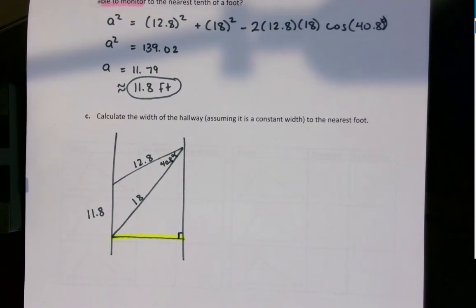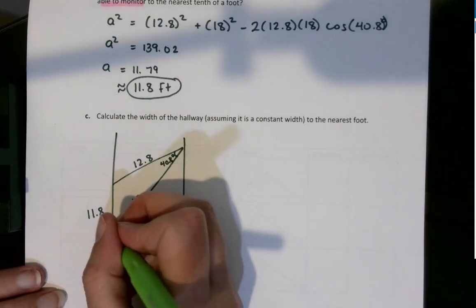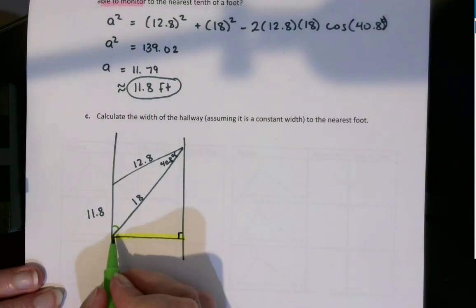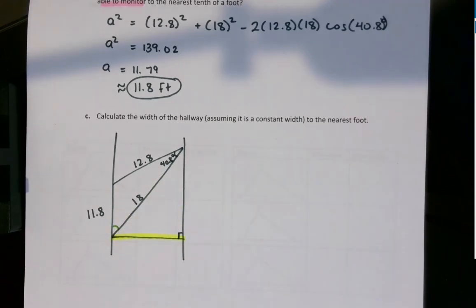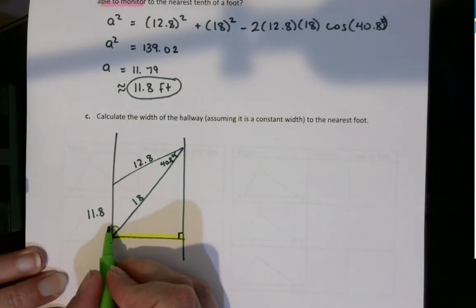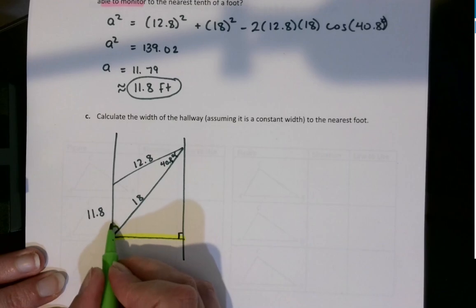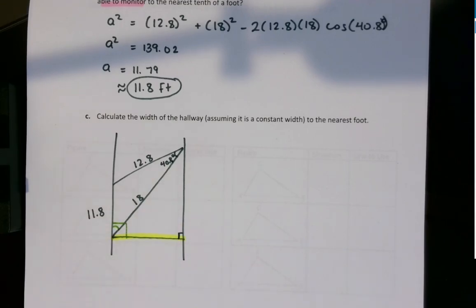However, if I knew this angle, I would be able to find this one as its complement because together these two angles would form 90 degrees. So I'm going to need to find that angle so that I can find an angle inside my triangle and then use a trig function to be able to find the width of this hallway.